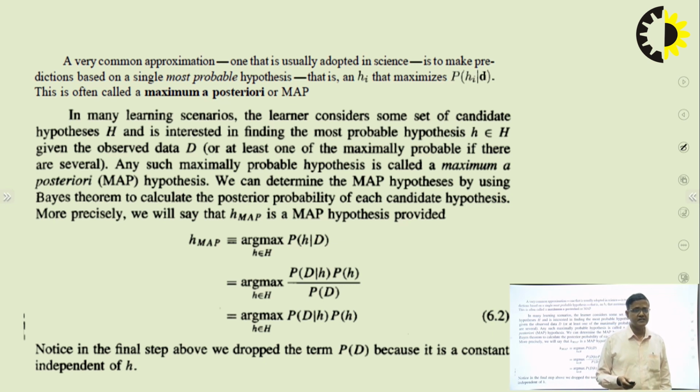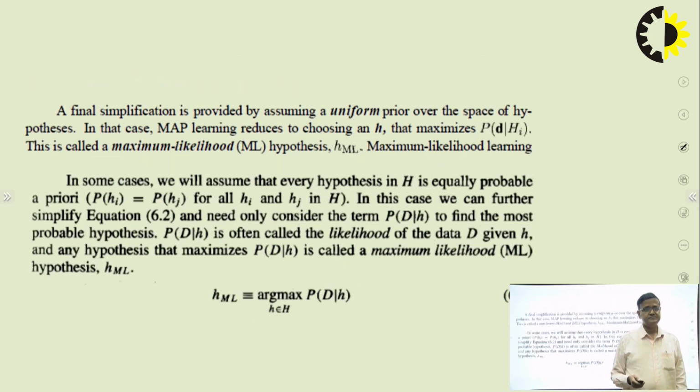We can further reduce this best possible hypothesis into HML. This is done on the basis of the term P(h), the prior over the space of hypotheses.